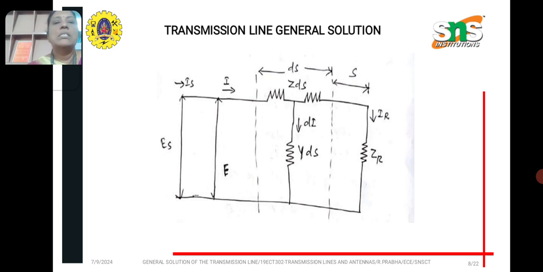The input voltage is ES, the voltage at the point on the transmission line is E, the input current is IS, the current through the transmission line is I, the receiving end current is IR, and ZR is the load impedance. S is the distance from the receiving end to the point of observation, and the elemental section which we have taken for observation has length ds.